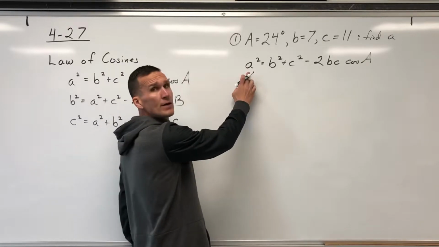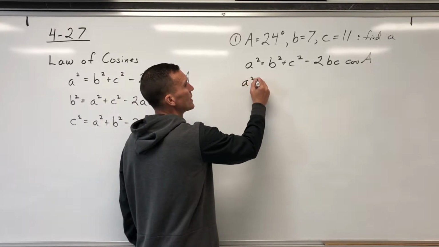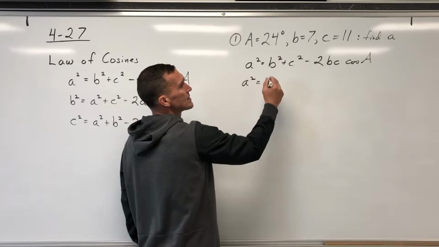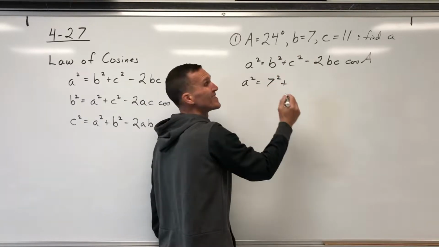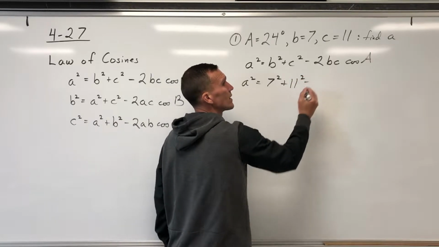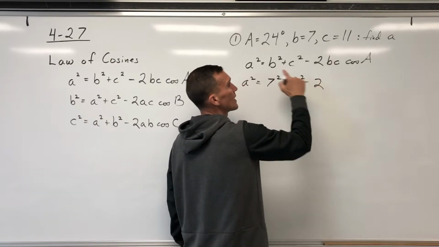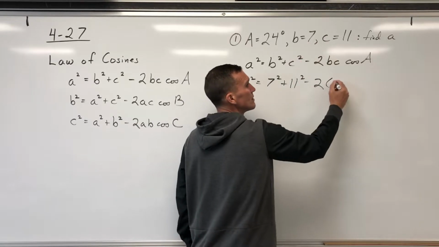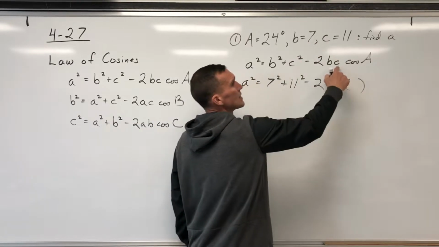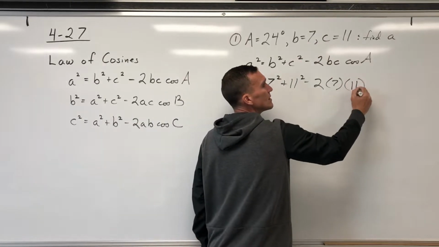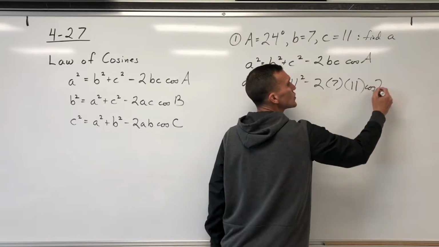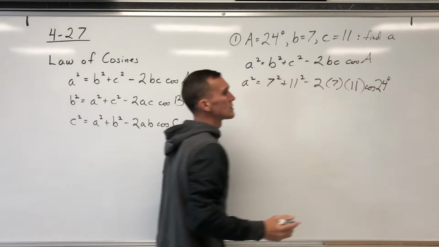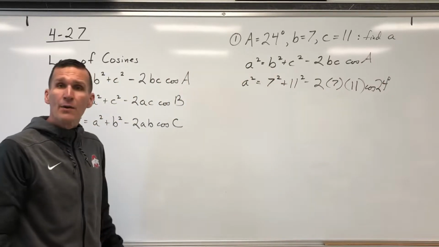I don't know little a, so it stays a squared, is equal to little b is 7 and I square it, plus little c is 11 and I square it, minus 2 times little b is 7, times little c is 11, times the cosine of A, which is 24 degrees. And now I use my calculator.